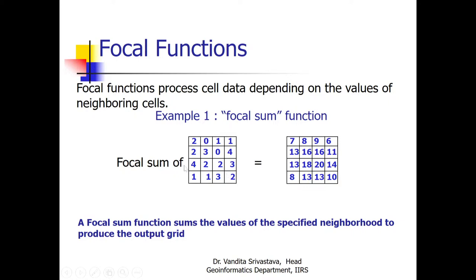Within this 3 by 3 window, I add all these values and replace the central value by that value. That is why it is called focal sum, the sum of all the points in the foci of points. So that is 4 plus 4 plus 4 plus 4, that is 16. Similarly other cell values are calculated. So a focal sum function sums the values of the specified neighborhood to produce the output grid.